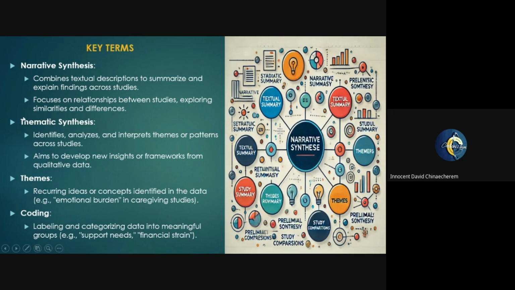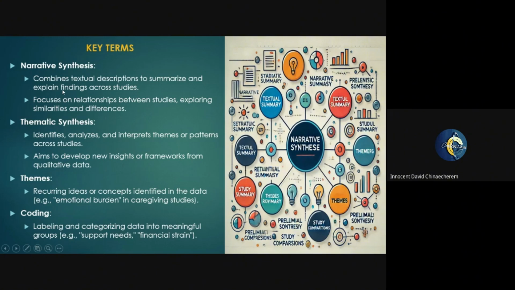Another key term is thematic synthesis. Thematic synthesis identifies, analyzes, and interprets themes or patterns across studies. It aims to develop new insights or frameworks from qualitative data. We're definitely going to have a detailed example of what this entails. But what you need to take home at this point is that in narrative synthesis, you're combining textual data.